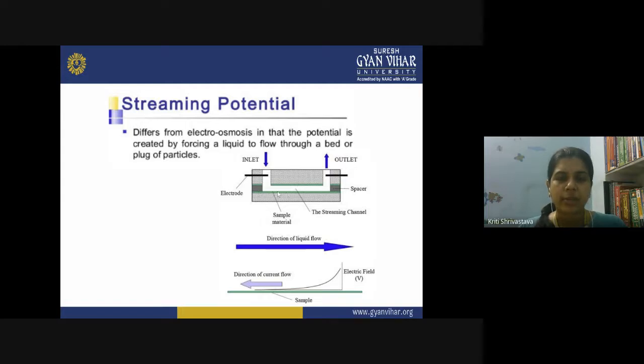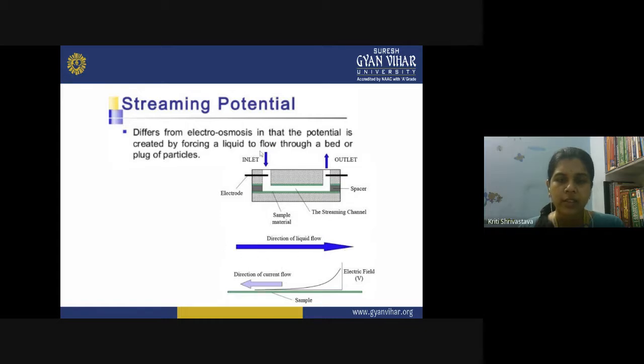This is my sample material which is present here. This is the electrode, and the colloid is streaming through this channel. So this is the streaming channel. The direction of the fluid is this, and therefore the current flows in the opposite direction. This is the decrease of the electric field as the fluid is moving. So, you can see the direction of the liquid flow is this.